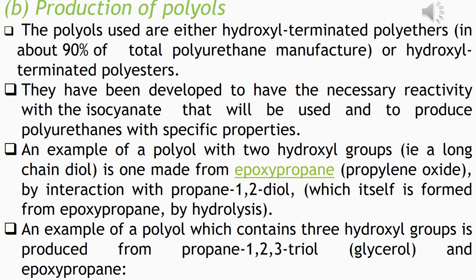So an example of a polyol with two hydroxyl groups is one that is made from epoxy propane. An example of a polyol which contains three hydroxyl groups is produced from propane 1,2,3-triol, glycerol, and epoxy propane.